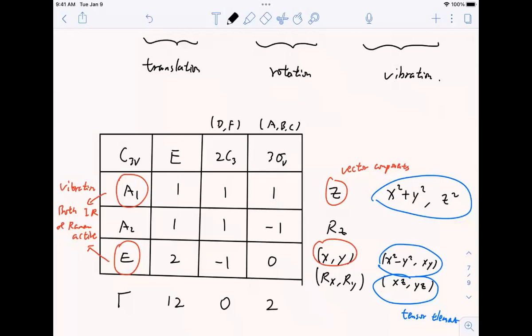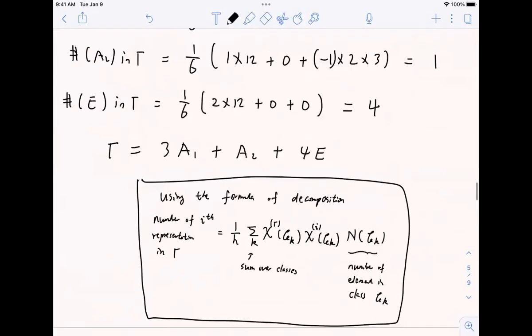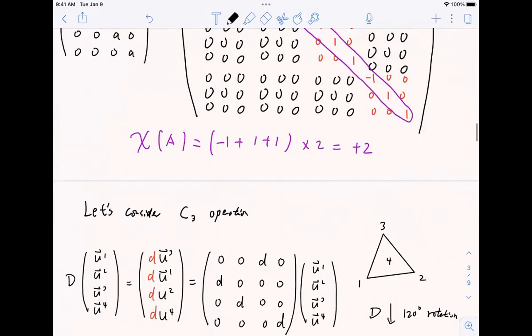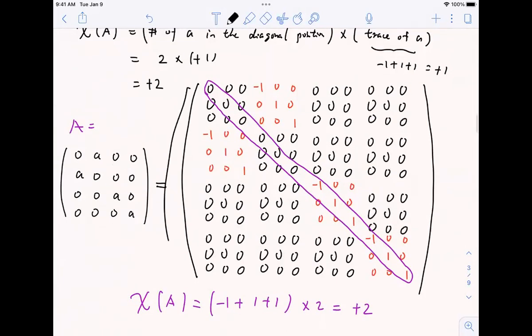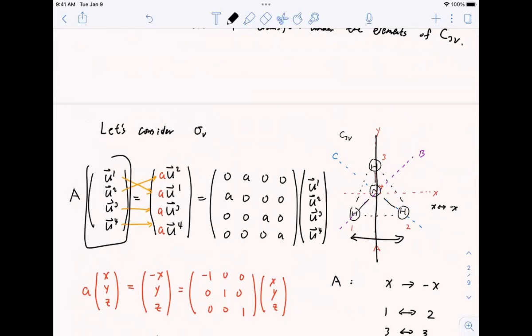Not just the symmetry. Here we construct a space, and the space depends on the number of atoms in the molecule. This is the space that we construct. This depends on how many atoms are there in the molecule.